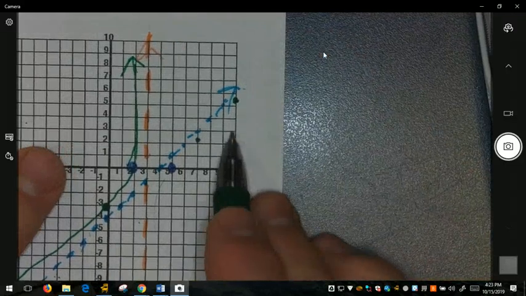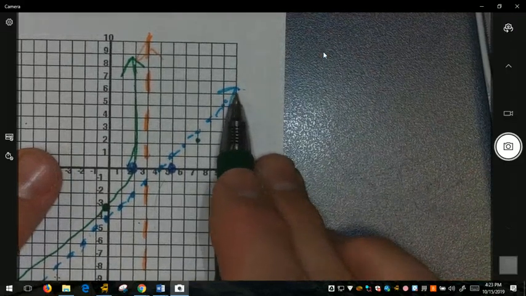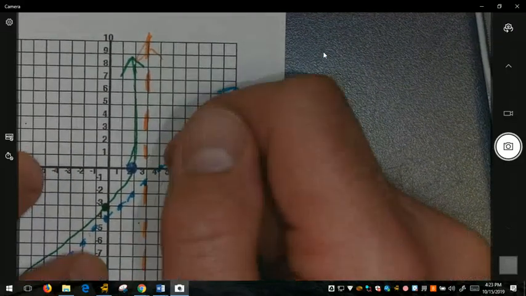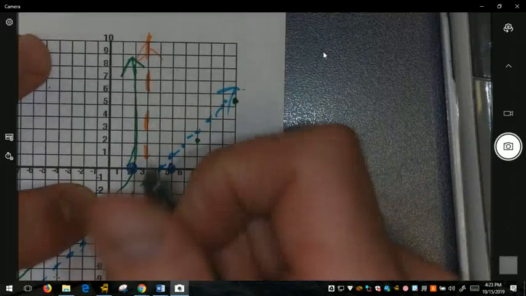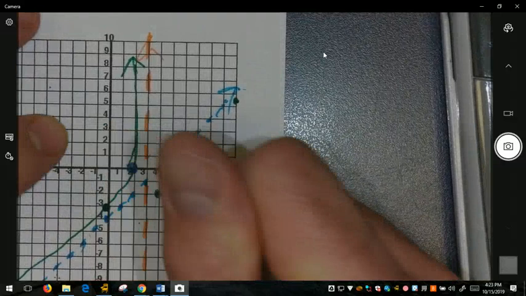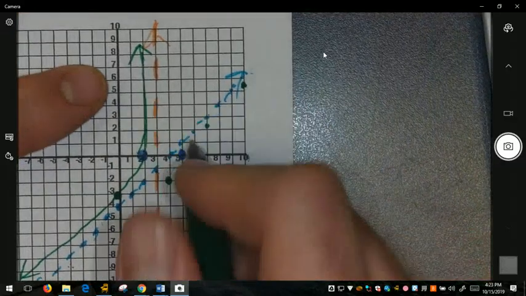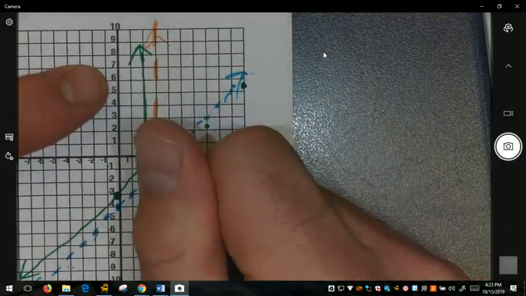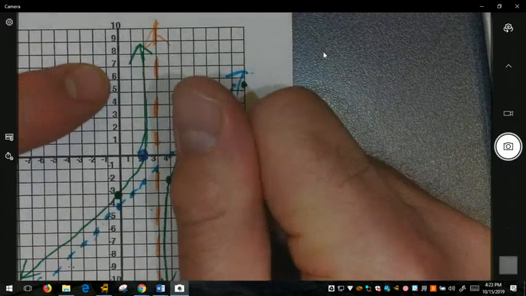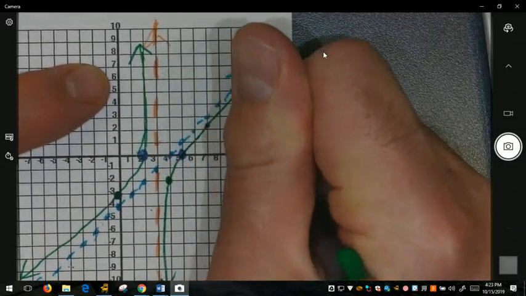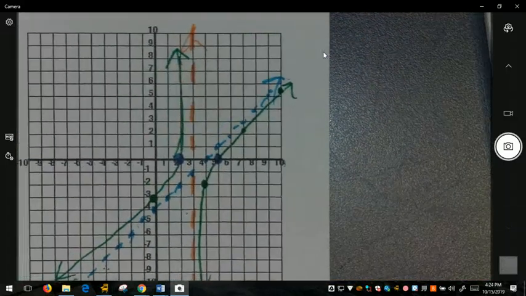Notice that's right up there. And I'll put in like 4, which is negative 2. So what's happening is, as it comes down from this 0, it gets closer and closer to this vertical asymptote, but as it goes up and to the right, it's approaching that slant asymptote.